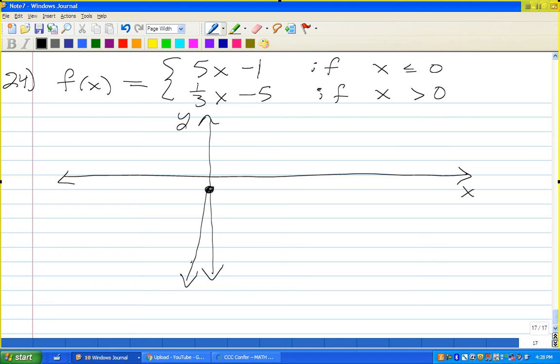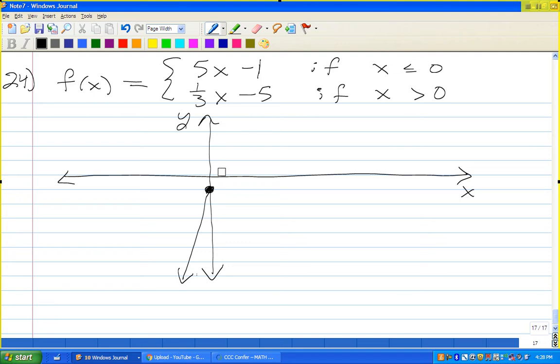And that's the graph of y equaling 5x minus 1. Notice that it's almost looks like it's not touching. Let's see there. Okay, that looks a little bit better. So this is the graph of y equaling 5x minus 1.